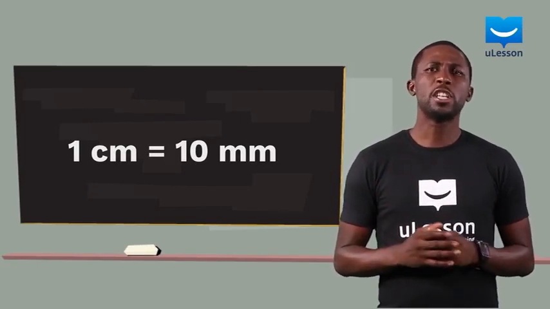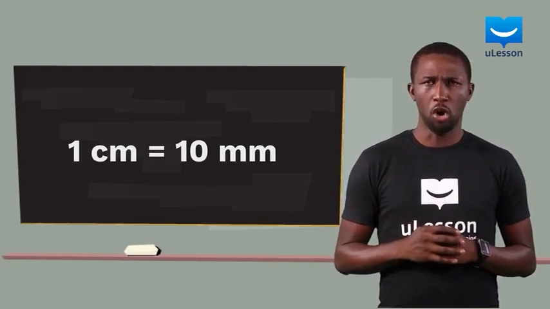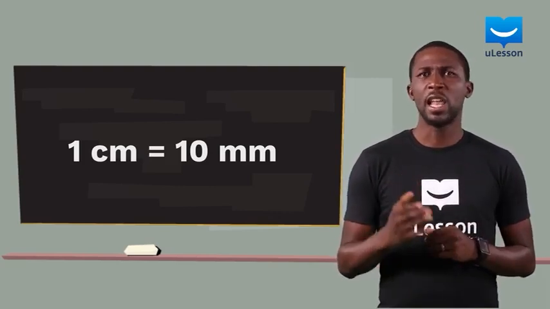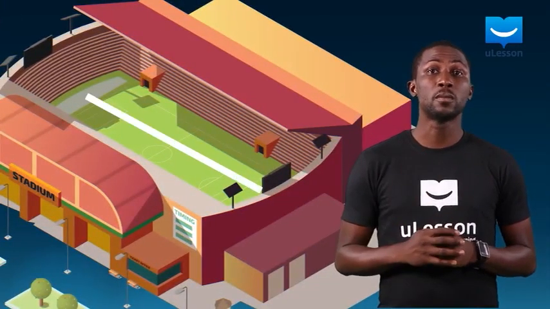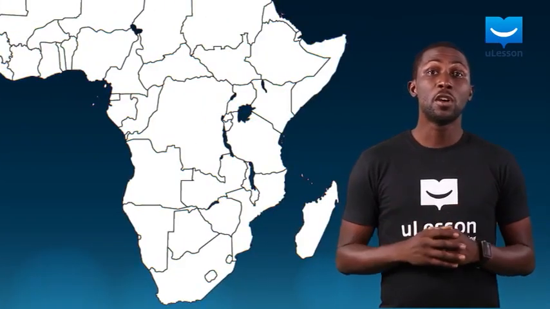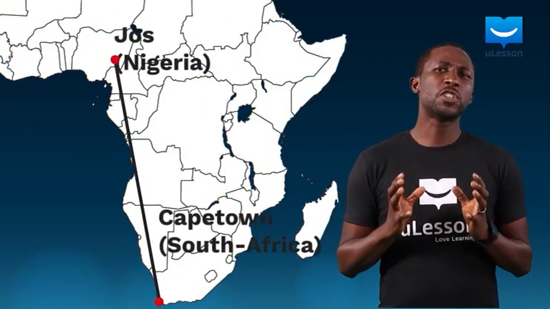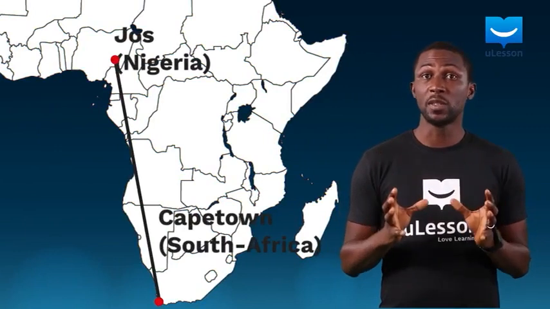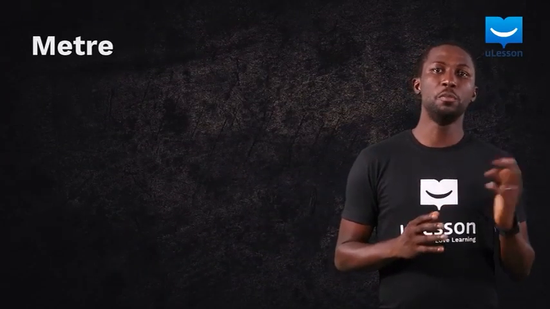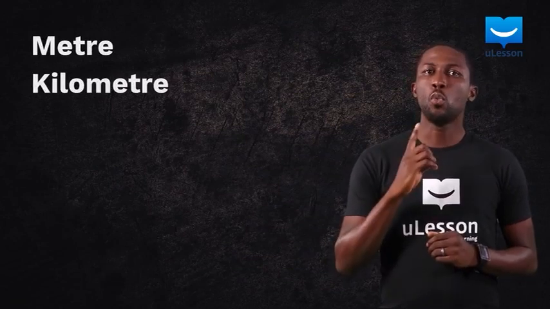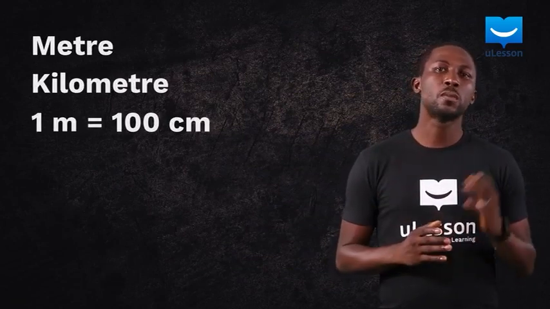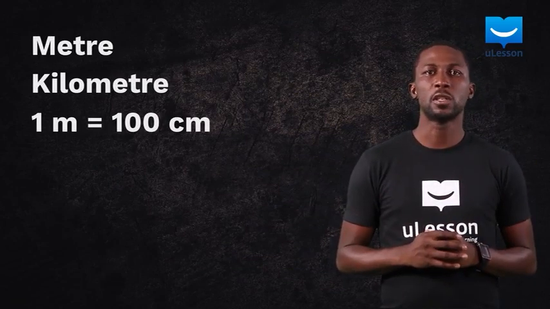So, what about larger sizes or even larger distances, like the size of your football field or the distance from Jos to Cape Town? For such sizes, we need larger scales like the meter or the kilometer. 1 meter is equal to 100 centimeters.